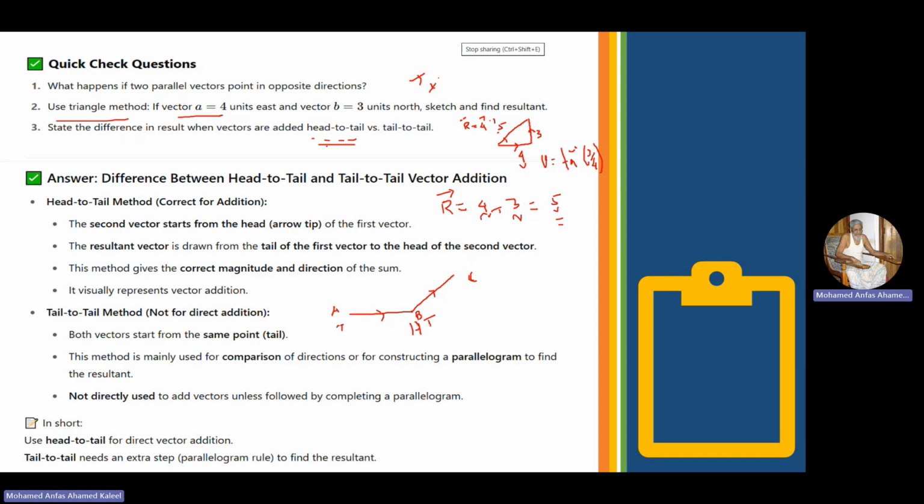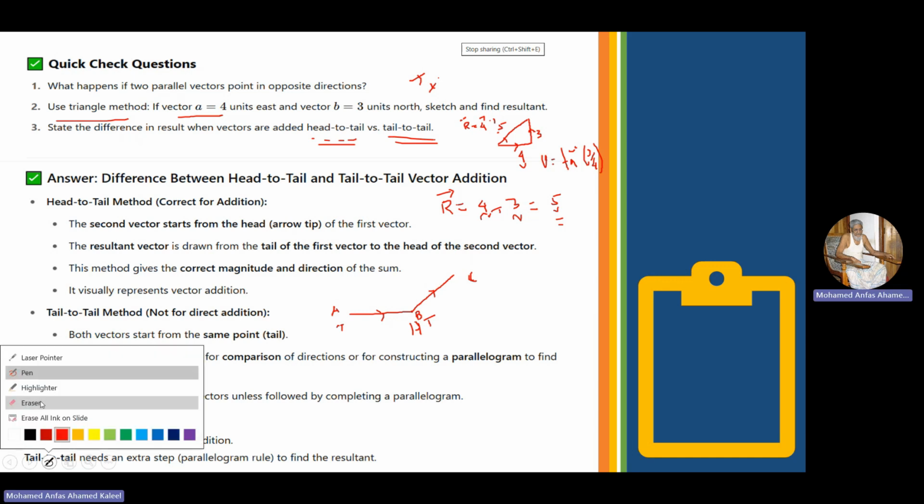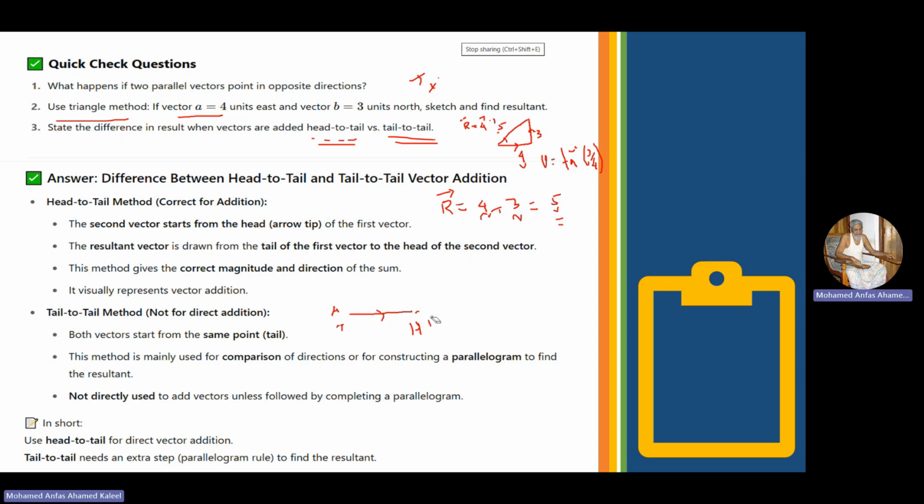That is head to tail addition. What happens with tail to tail? Let's see how tail to tail works.